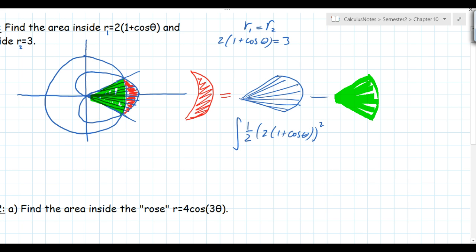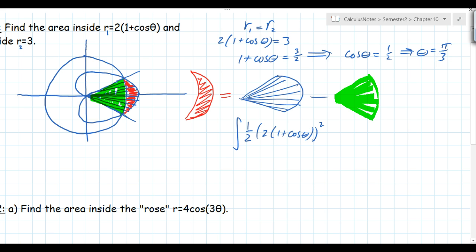If I divide both sides by 2, I get 1 plus cosine theta equals 3/2. Cosine theta equals 1/2. When does that happen? When does cosine theta equal 1/2? Pi over 3. 60 degrees, pi over 3.